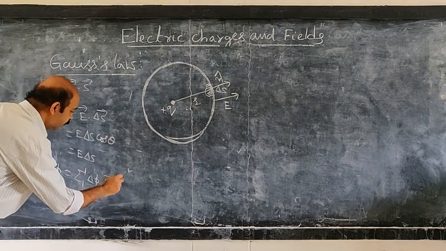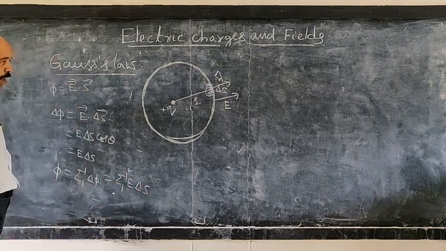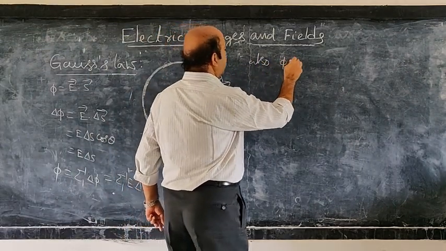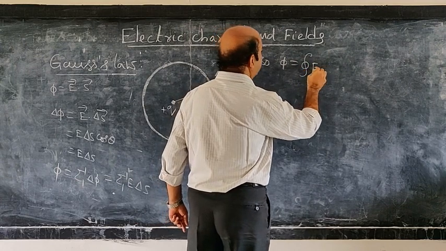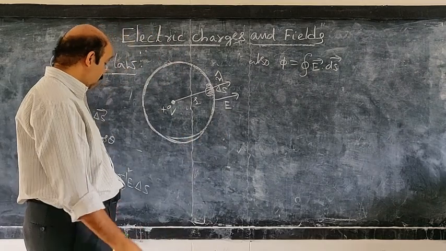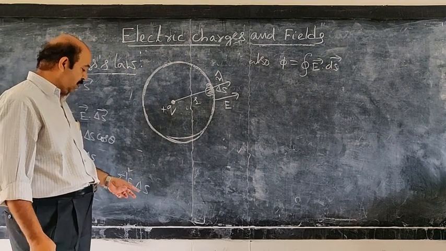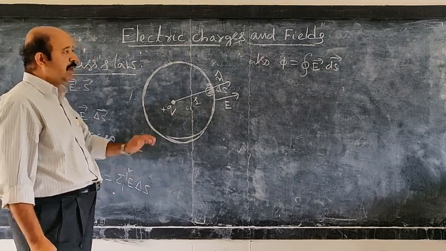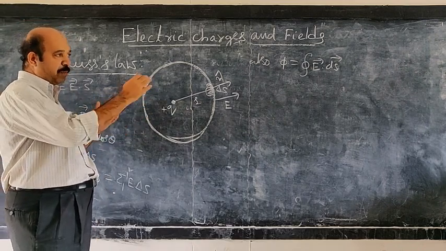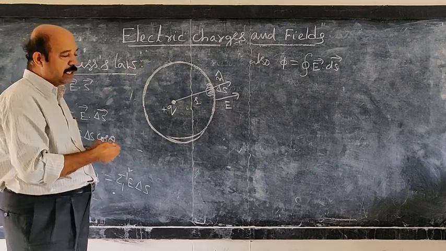That is nothing but sigma E into delta S. Also it can be written as the closed surface integral of E bar dot dS bar. Both are one and the same. If it is divided into discrete areas, then you will use the sum. If there is a variation, that is if the area element or the product is a continuously changing quantity, then we use the integral symbol.